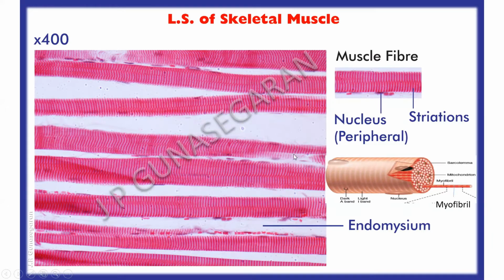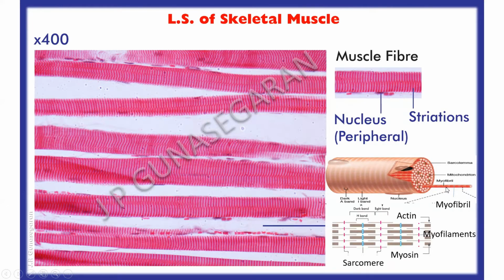This is the 3D picture of a skeletal muscle fiber, which is compactly packed with myofibrils in an orderly manner that give striations to the entire muscle. The myofibrils are made up of myofilaments.